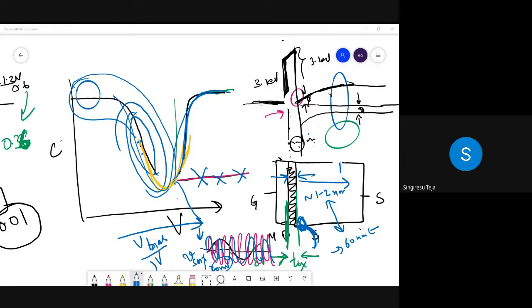So I say that the minimum height of the wall has to be 3 meters from either side. So that is what we are doing. That is the property of the dielectric. It is 3 electron volts higher than silicon. That is the barrier height of a dielectric.